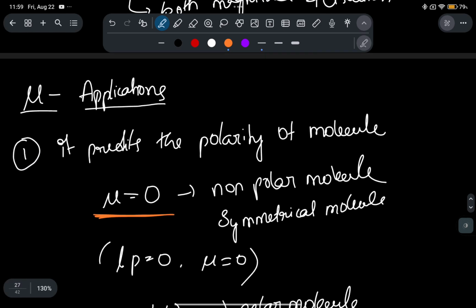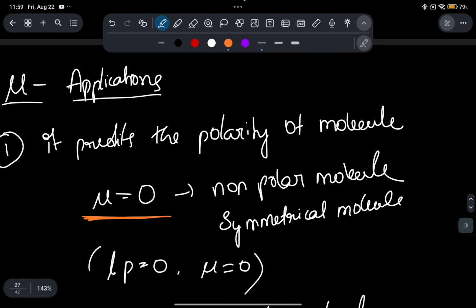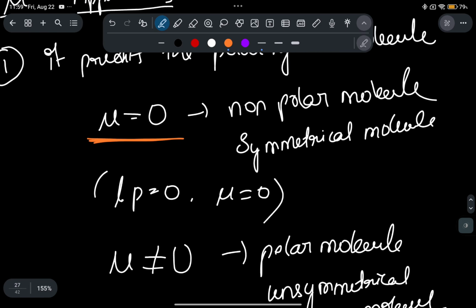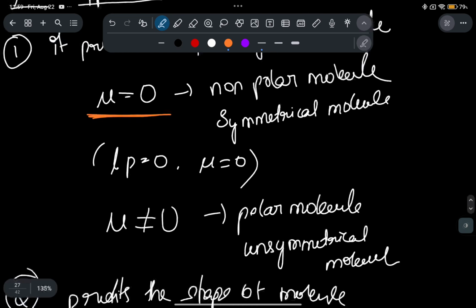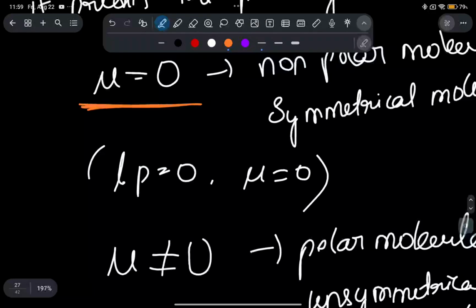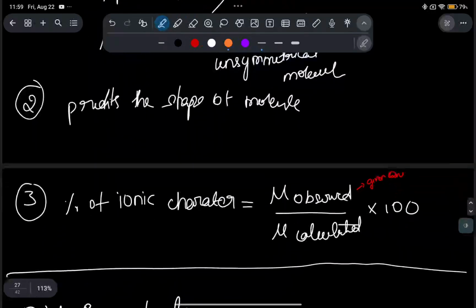Dipole moment applications: it tells the polarity itself. If mu is equal to 0, it is non-polar and symmetrical. If mu is not equal to 0, it is a polar molecule and unsymmetrical. If a lone pair is present the shape will be adjusted in size, but symmetrical means fixed shape with no lone pairs.